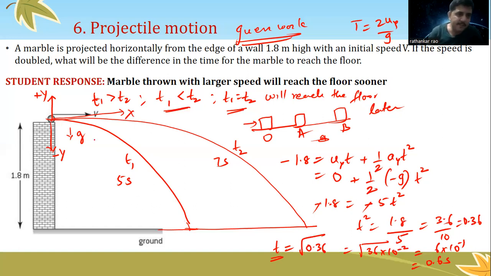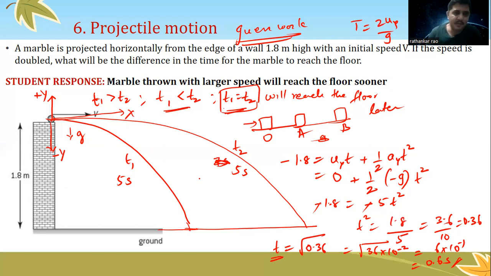Every time, it reaches the ground in only 0.6 seconds. Logically, we thought either this or this is correct, but both of them are incorrect. T1 is equal to T2 is the correct answer. So if this takes 5 seconds, this should also take 5 seconds.